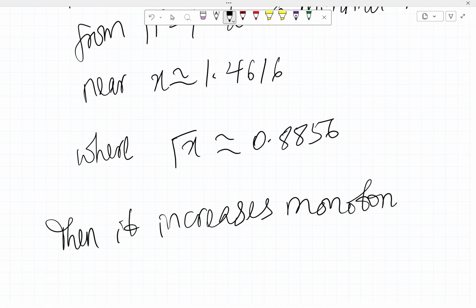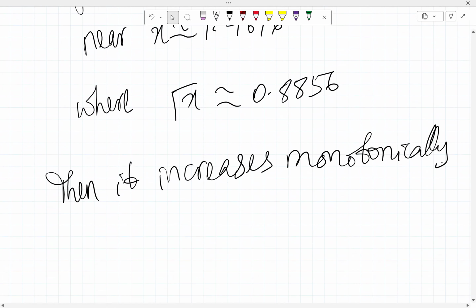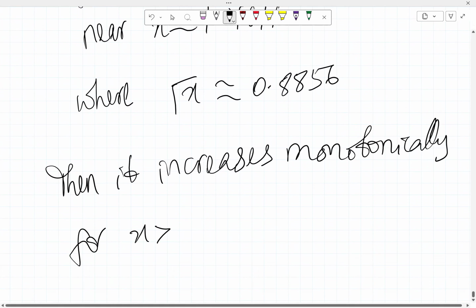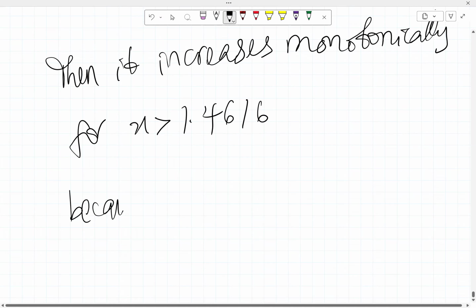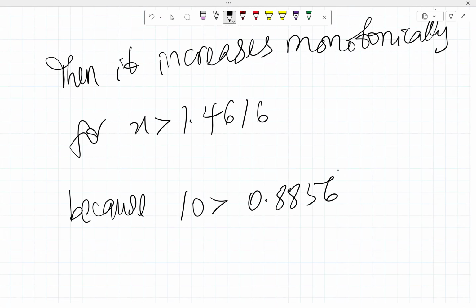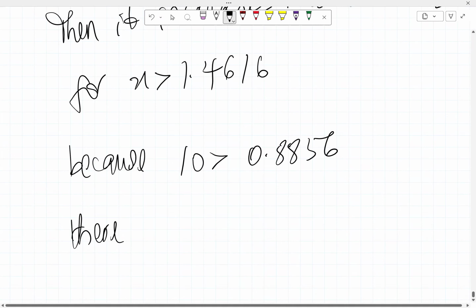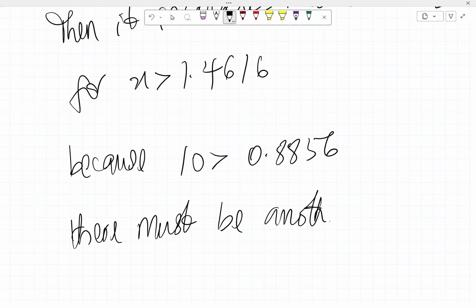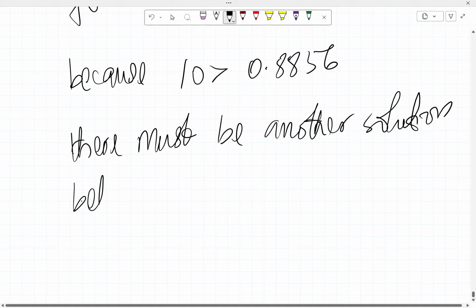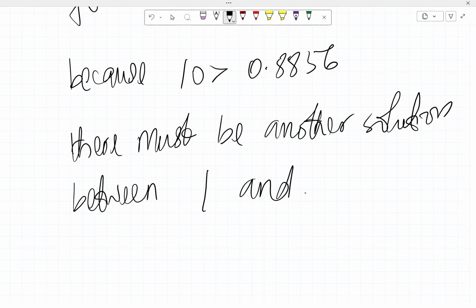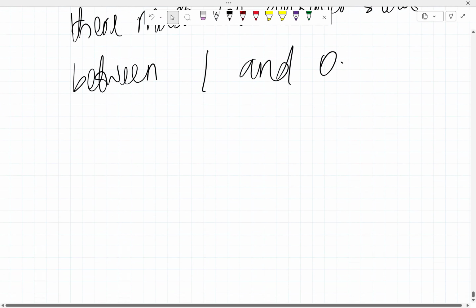Then it increases monotonically for x greater than 1.4616. Just like what we saw up there, because 10 is greater than 0.8856, there must be another solution between 0 and 1.